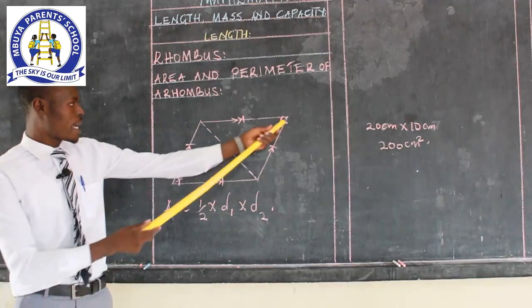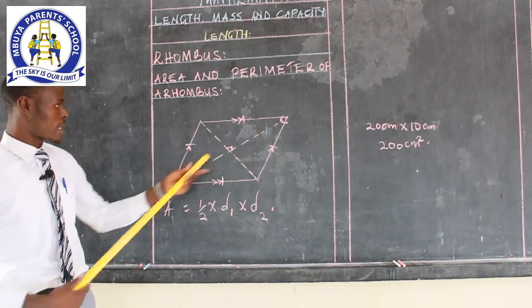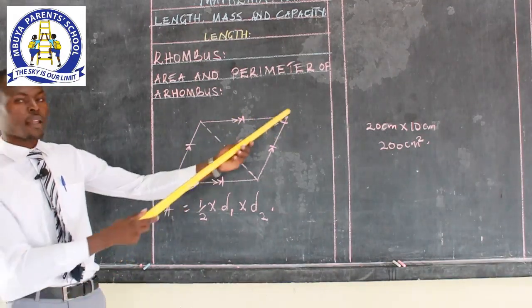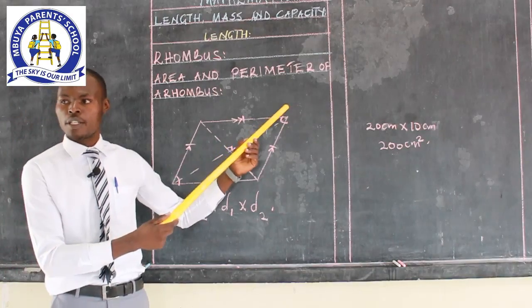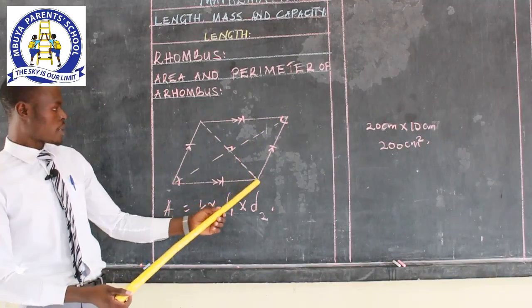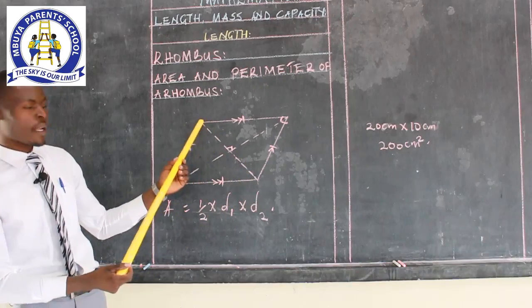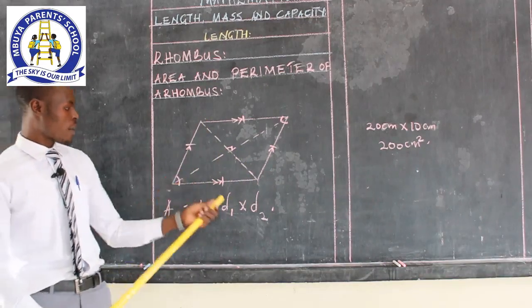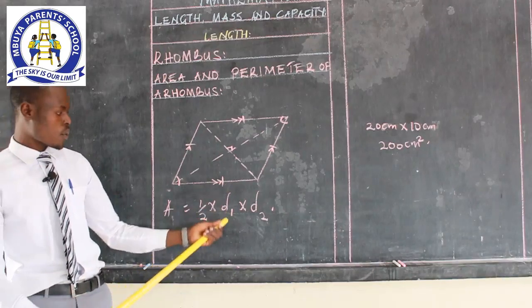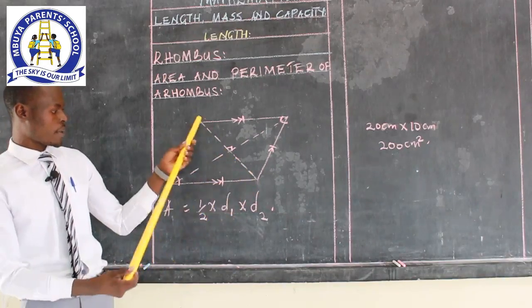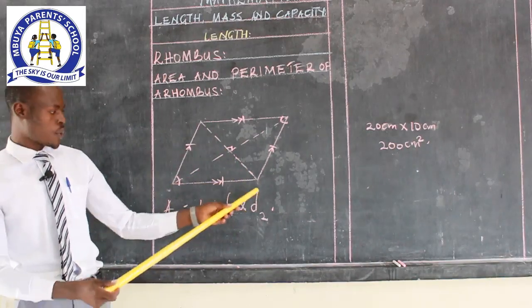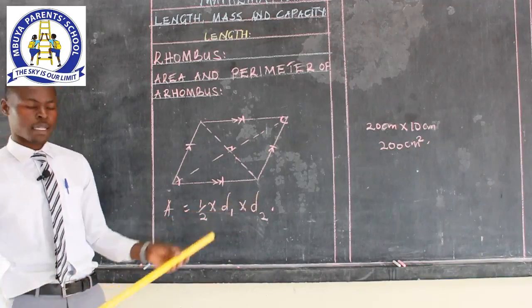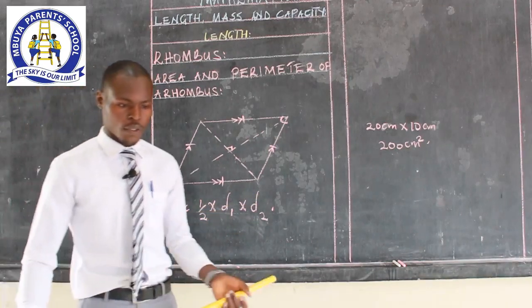The long diagonal from this vertex to the other is what we call the major diagonal, and this smaller one from this vertex to this one here is the minor diagonal. The major diagonal is given as D1, diagonal 1, whereas the minor diagonal is given as D2, not standing for diameter, but for diagonal 2.